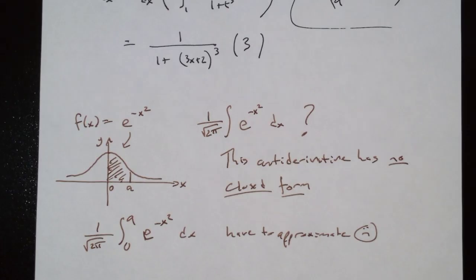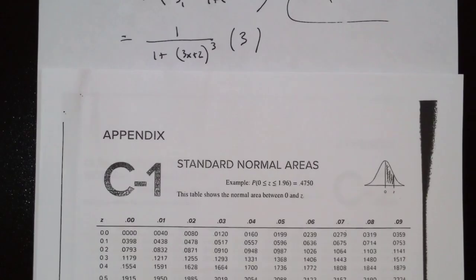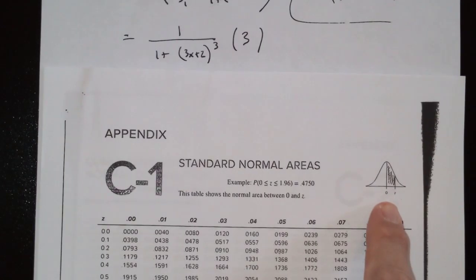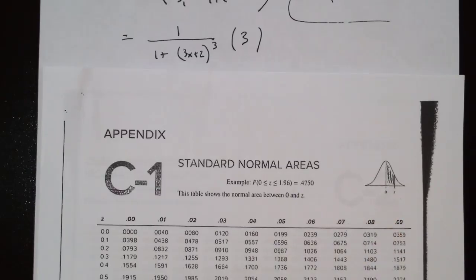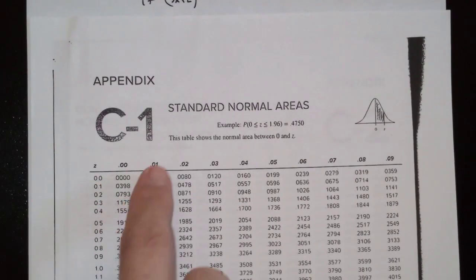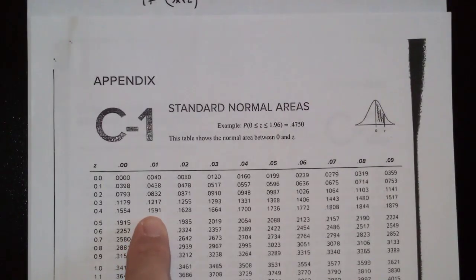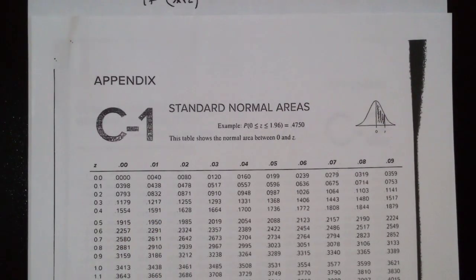And in my statistics textbook, I have exactly that. It even looks like an integral. The area under the curve I want from 0 to whatever, in this case they're using z instead of a, and they'll give me 2 decimals, so 0.41, the area is 0.1591. And I can keep going as far to the right as you want.